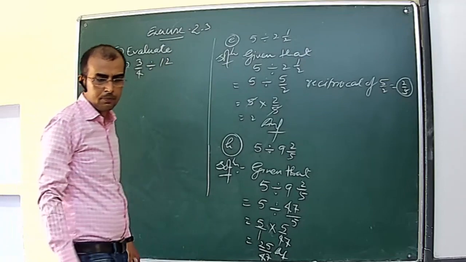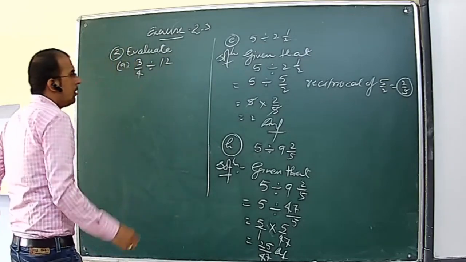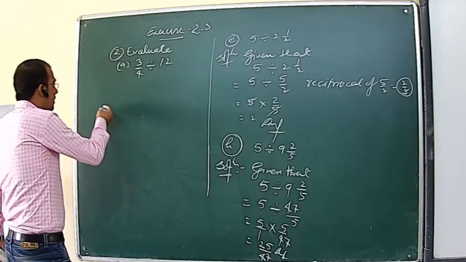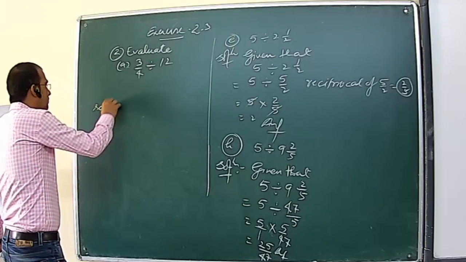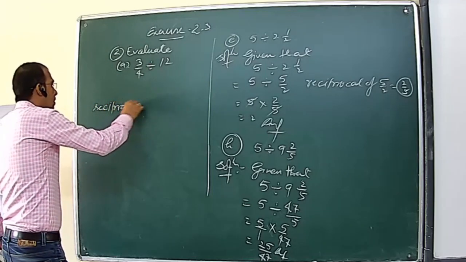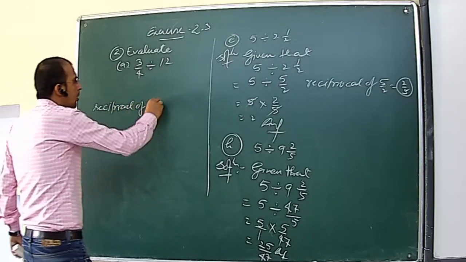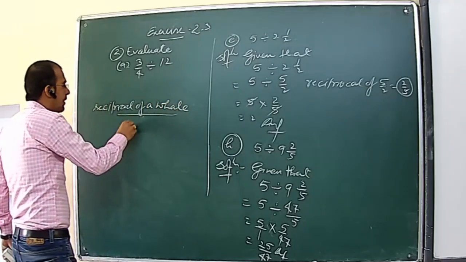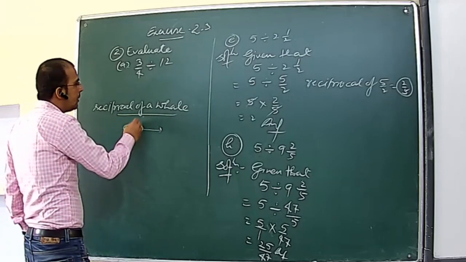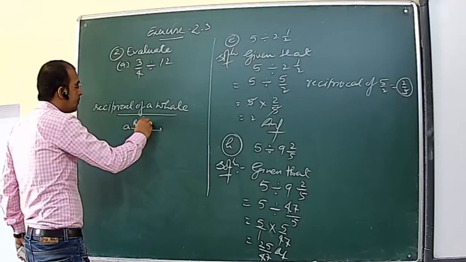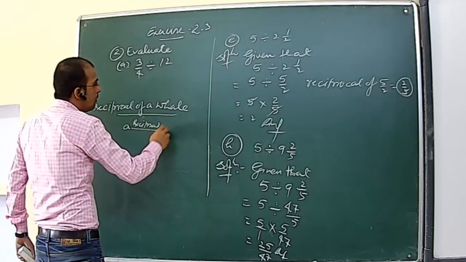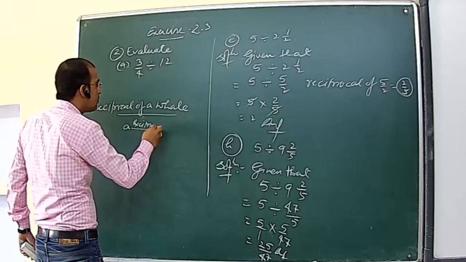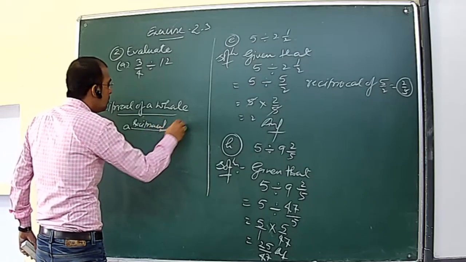Is it clear? So, we know that the reciprocal of a whole number, suppose a whole number is a, its reciprocal will be 1 upon a.